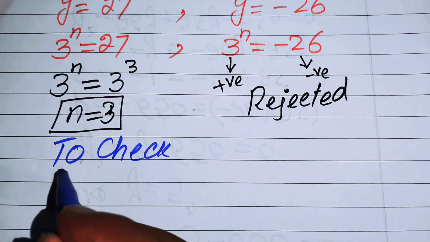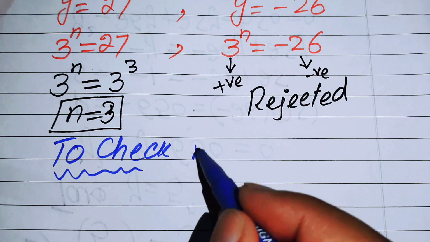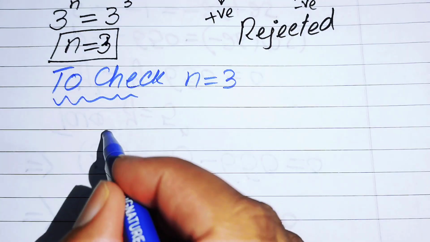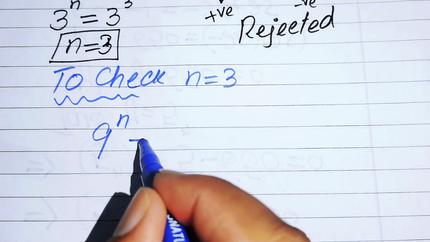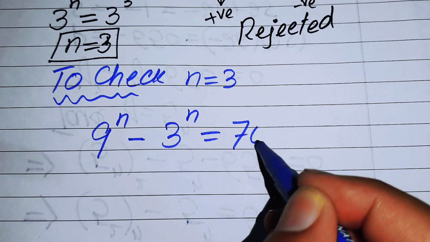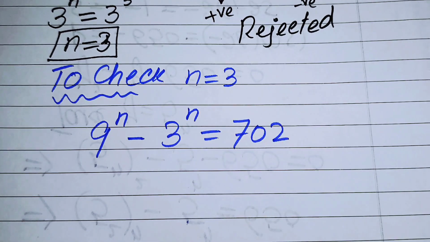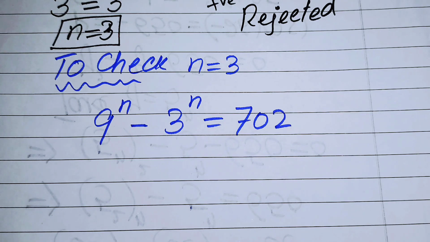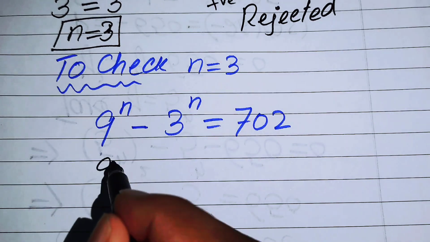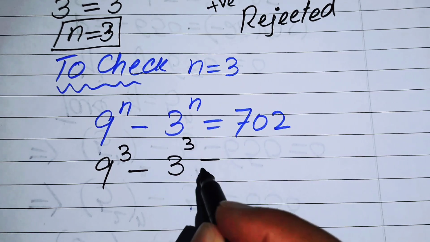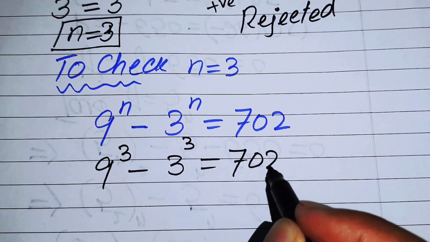In order to check, I can put n is equal to 3 in the given question statement, and our given question is 9 to the power of n minus 3 to the power of n is equal to 702. Now you put n is equal to 3 here, and you get 9 to the power of 3 minus 3 to the power of 3 is equal to 702.